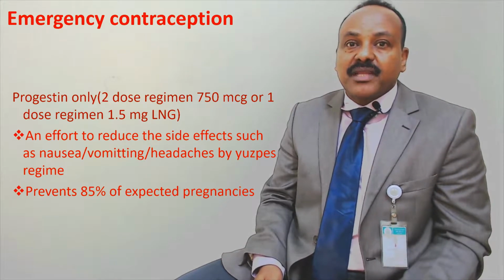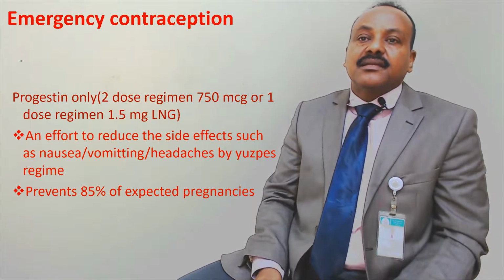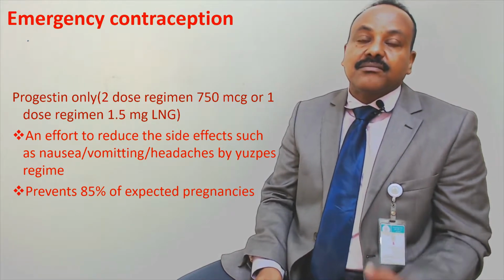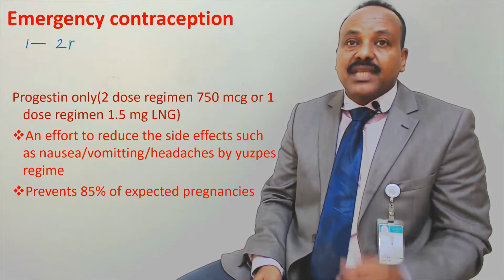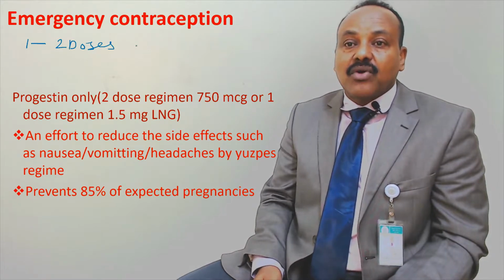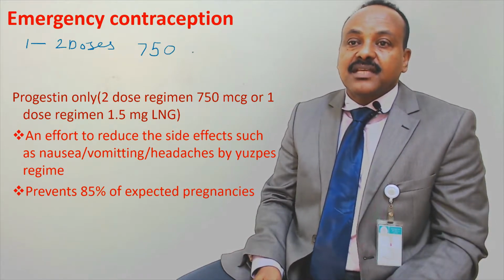Another form of emergency contraception is progestin only. This is 2 doses of 1 tablet each, or a single tablet of 1.5 milligram of levonorgestrel, used as a single dose.